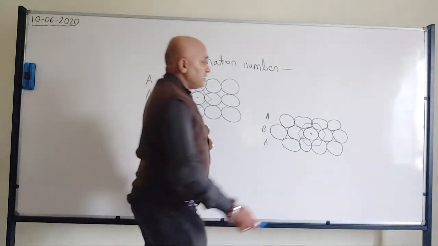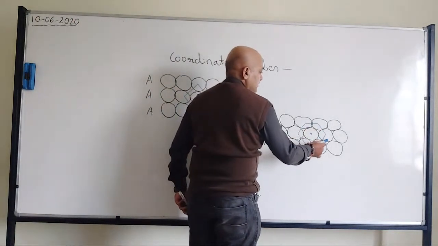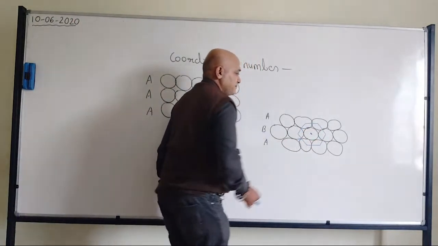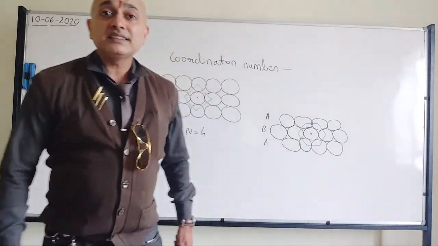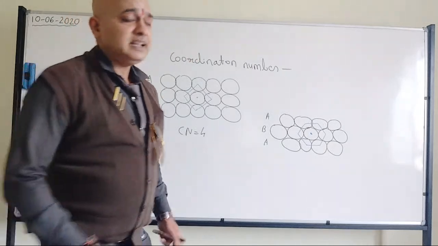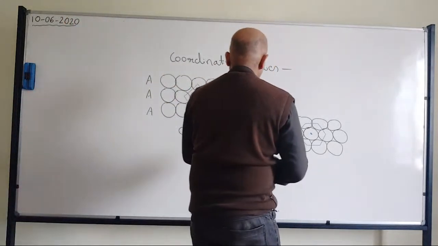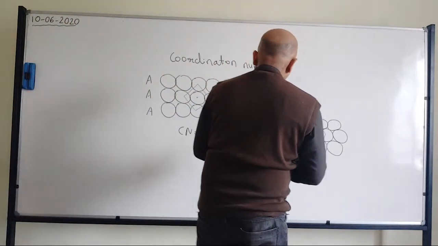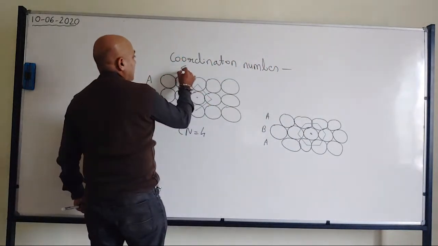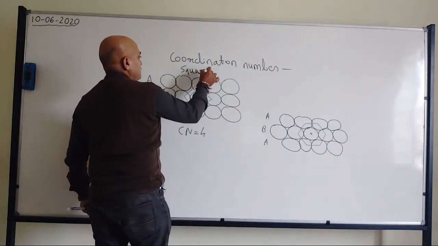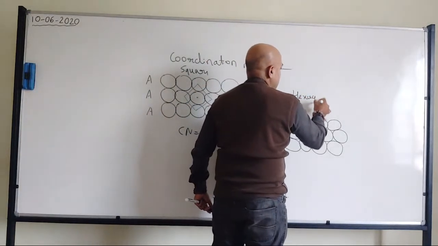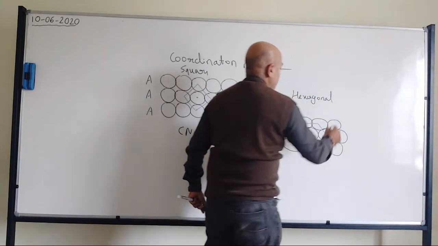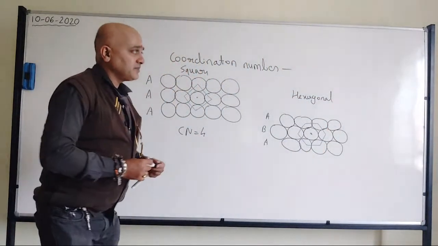So if I observe 1, 2, 3, 4, 5, 6, there are 6 edges. So I can tell that this is hexagonal. Yes, Purnima, you are absolutely right. Whatever I have written here is square type, and whatever I have written here is hexagonal.